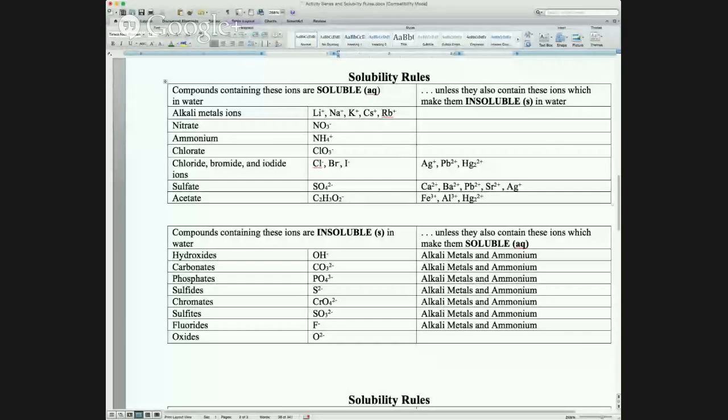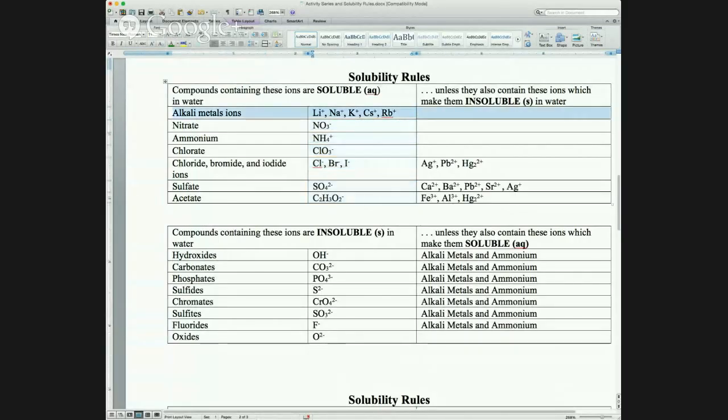So, solubility rules. All right, there we go. Solubility rules. Now, I think I did this once before, but let's do it again. The left side, these are all rules. The left side are rules.